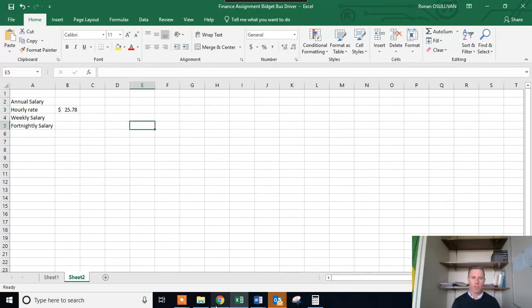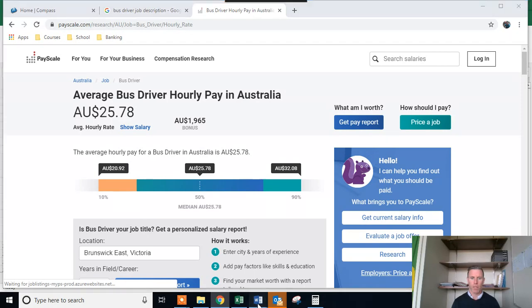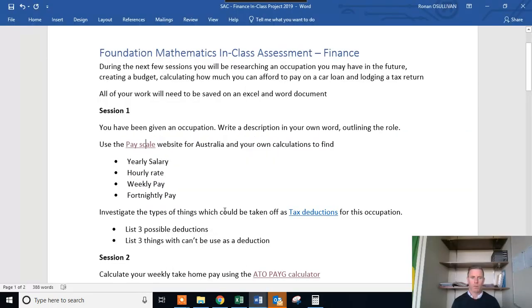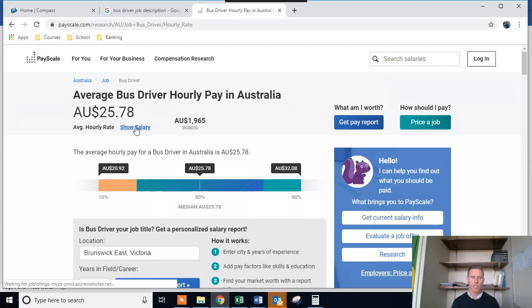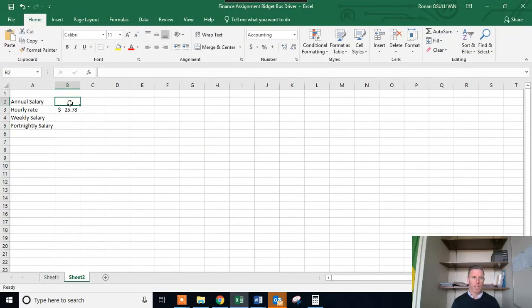Then it asked me for the annual salary. If you look back here, sometimes an annual salary comes up at the very beginning. I've done yearly, so I now need to find the annual. You don't actually need to do anything with this, it's pretty easy. You just click your salary, annual salary. So this is the number. I'll just copy and paste it into my Excel, annual salary.